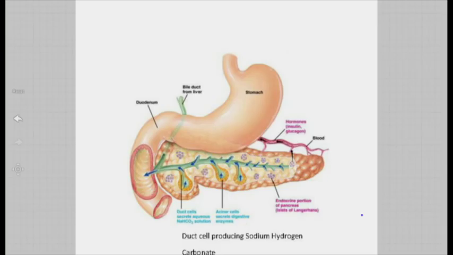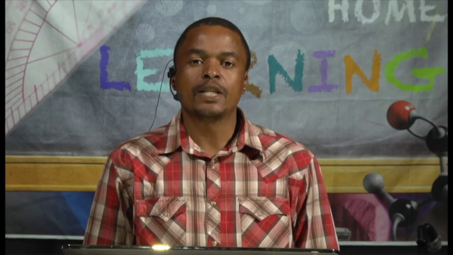So up to this point, students, we've been looking at mechanical and physical digestion, where the teeth play a very vital role in physically breaking down the food into small particles in preparation for chemical digestion. And we said physical digestion occurs in the mouth.